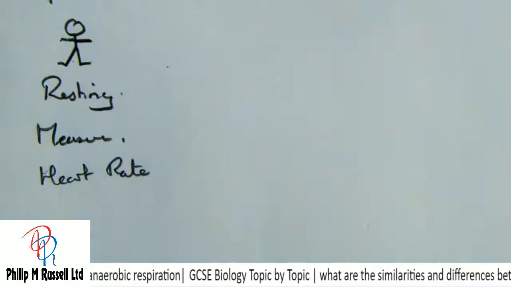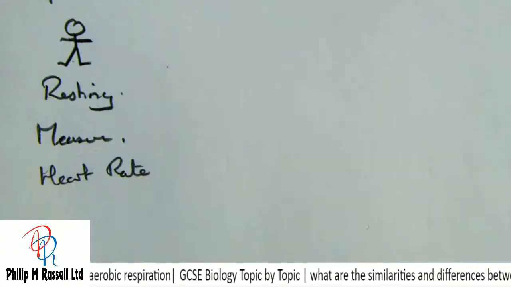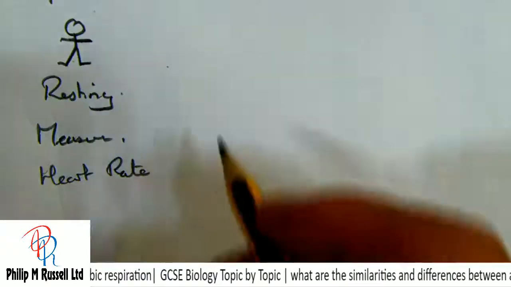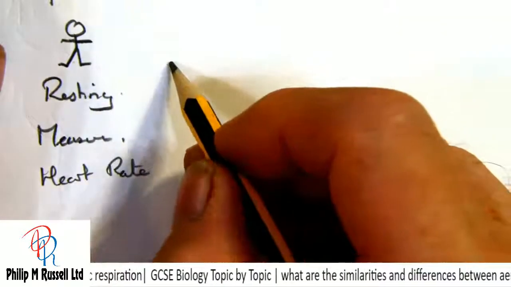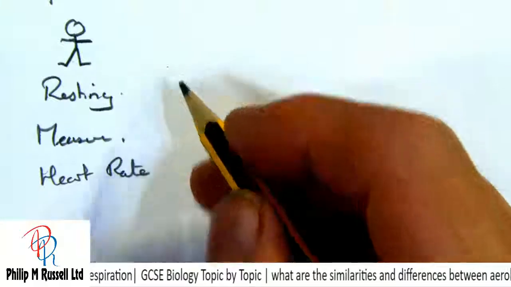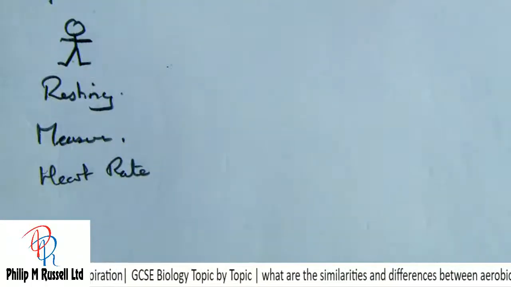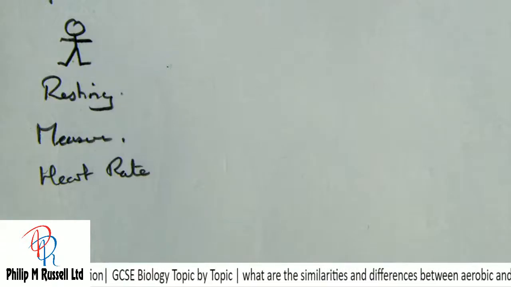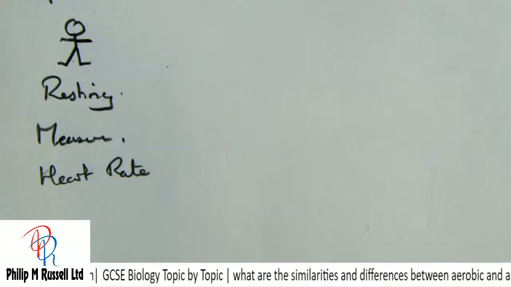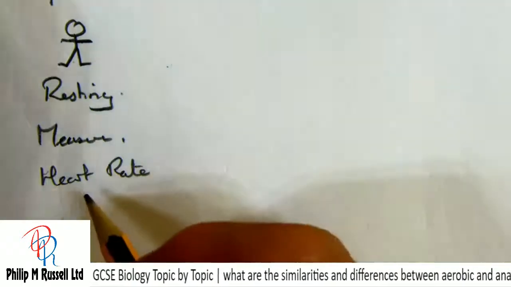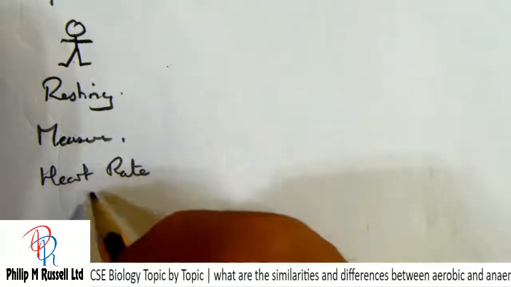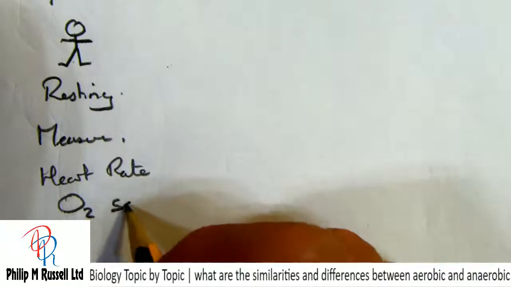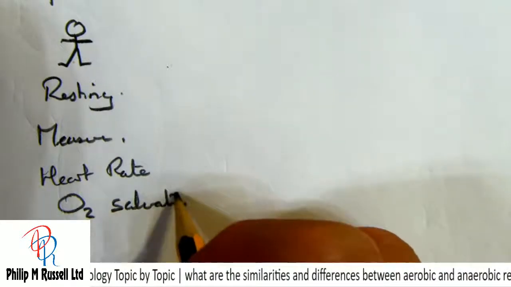Now, how would you do this? Well, there are a whole series of different things you can use. The obvious one is one of those things that you put on your finger. I've put it out on the side. I forgot to bring it in. So we can measure your heart rate, and these things also measure the O2 saturation.